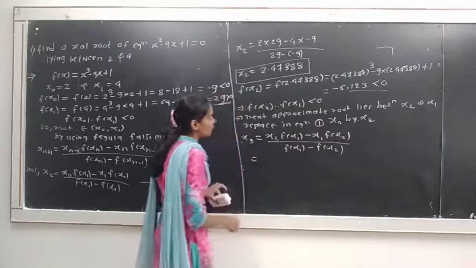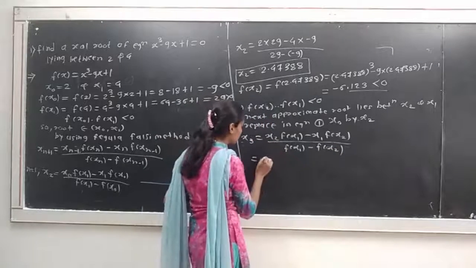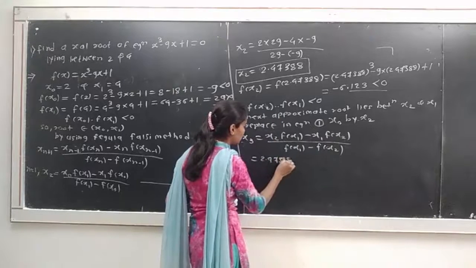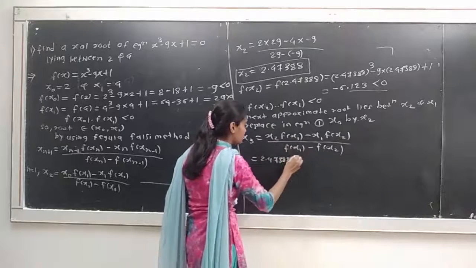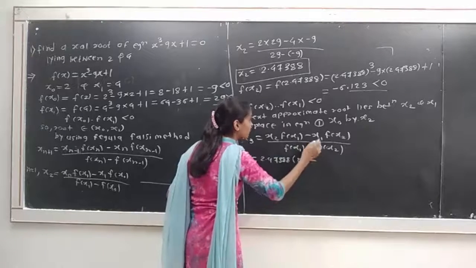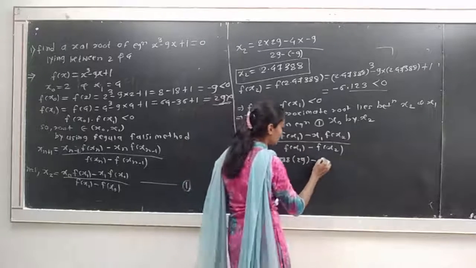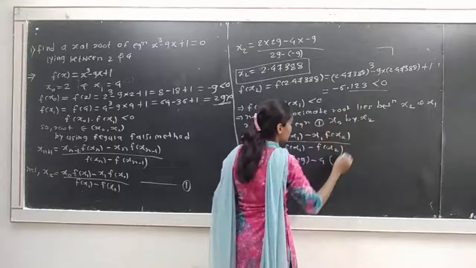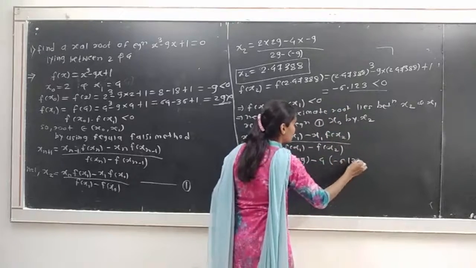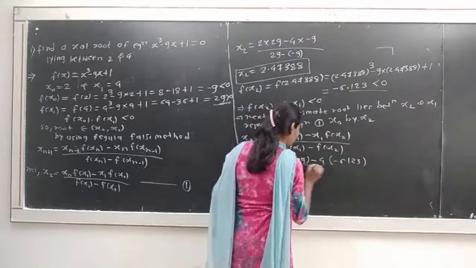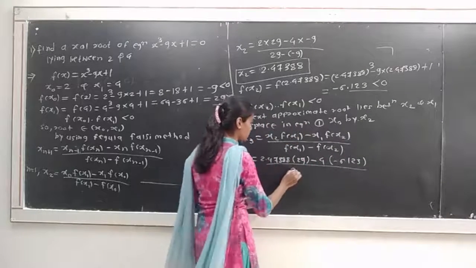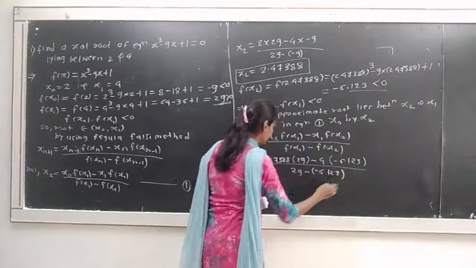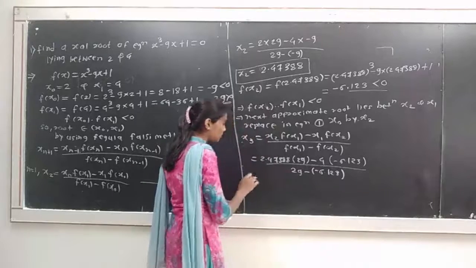Then we put here the values. x2 will be 2.47388, f of x1 will be 29, x1 will be 4, and f of x2 we found here, this will be minus 6.123, divided by f of x1 is again 29 minus minus 6.123.